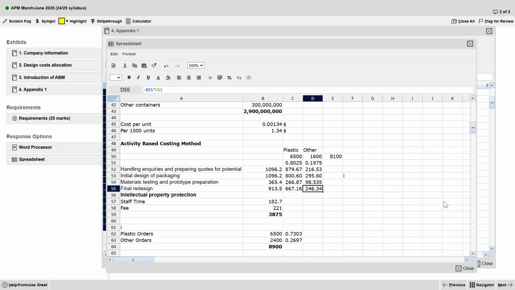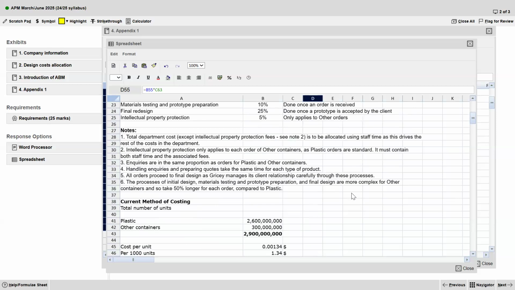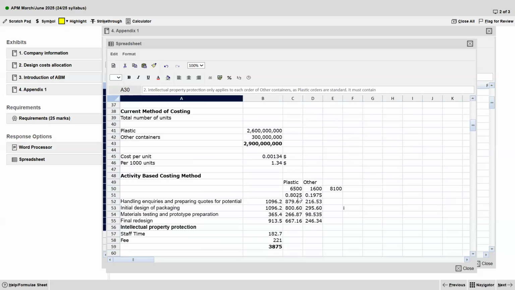Now what next do we have to do? Intellectual property protection only applies to other orders.